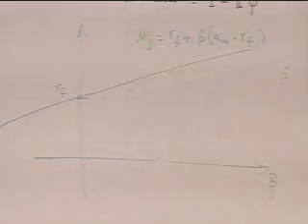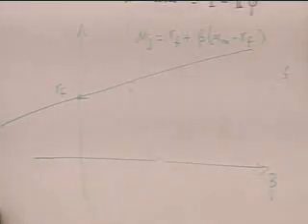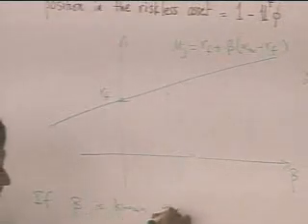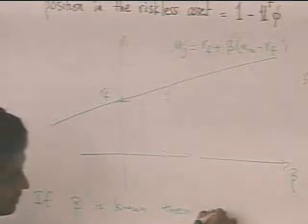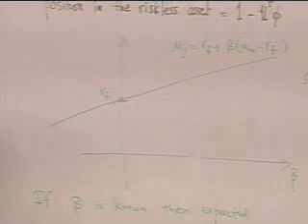If beta is equal to 0, I get RF, otherwise I get a line. And the basic economic content of this line is the following. If beta is known, then the expected return is completely defined.